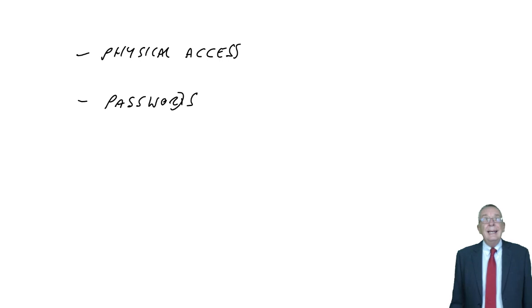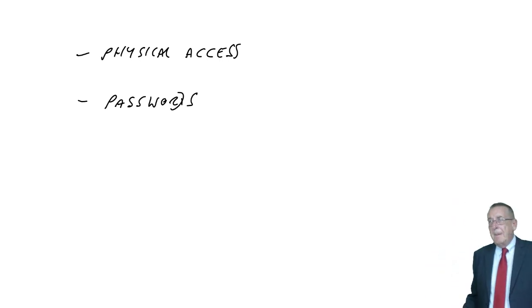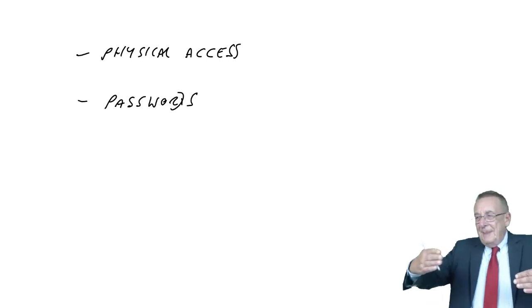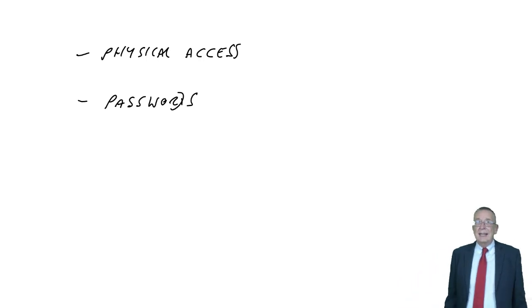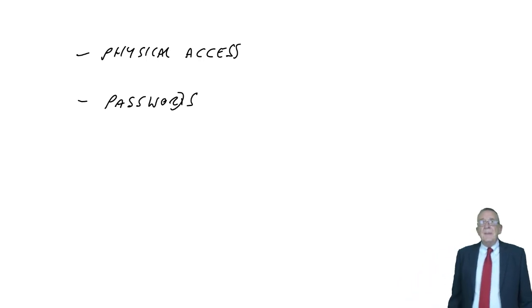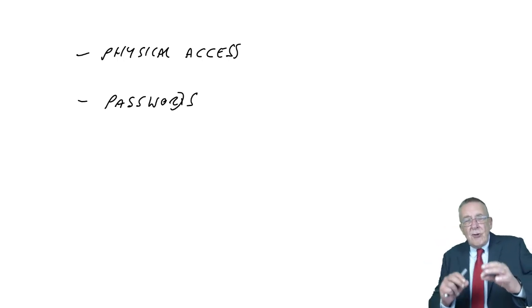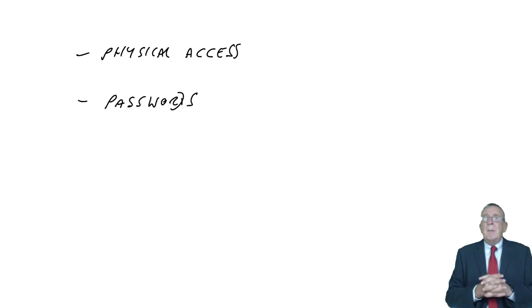Another thing is, given computers are networked these days, and so all computers are linked to each other and they can all access the same data, we need to make sure that the right people can look at the right data. What I mean is this.